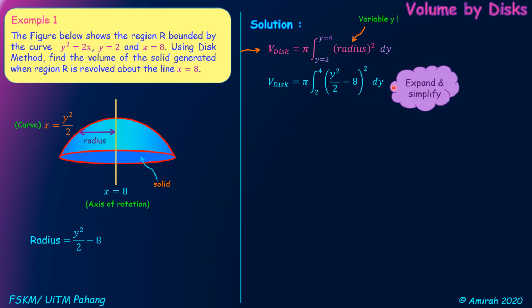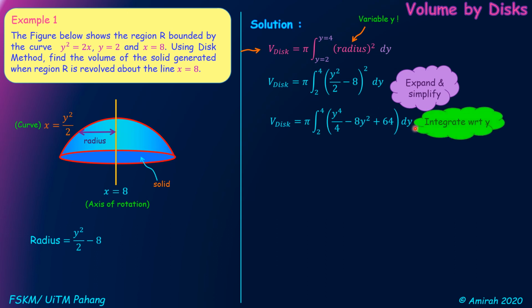Then from here we need to expand and simplify. So we get volume by this equals to pi integration from 2 to 4. After we expand the square here, we get y to the power of 4 over 4 minus, and then we expand here, we get 8y squared plus 64 dy.